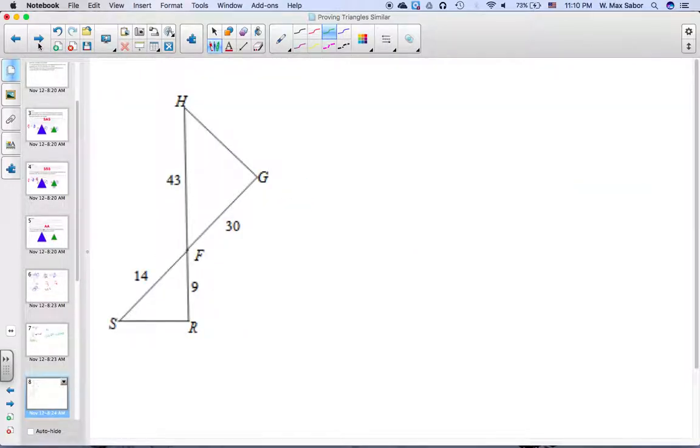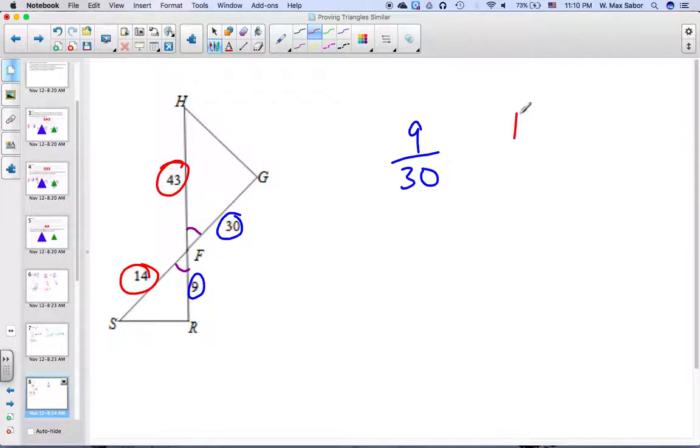Here, all right, we have that those two are vertical. And now we have a pair of sides. So if this is anything, it's going to be side, angle, side. Now what we're going to look at is the smaller side matching with the smaller side. So 9 over 30. Is that the same thing as 14 over 43?